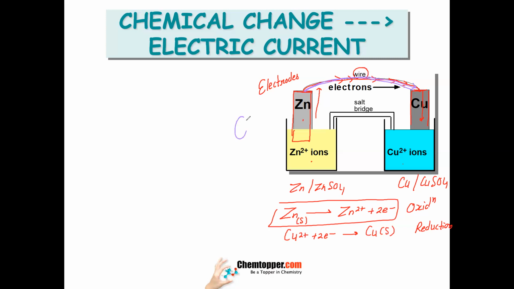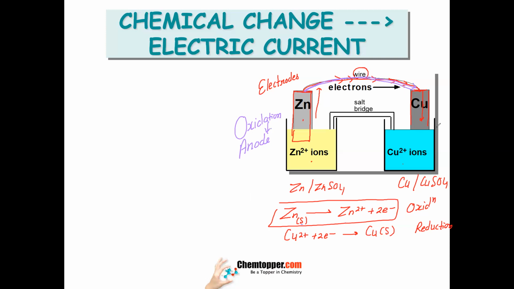Electrons are always going from the oxidation compartment. This is the oxidation compartment. Oxidation is happening here in zinc metal because it has more tendency to give electrons than copper. That's why this is oxidation. It's called the anode compartment. Oxidation is anode.